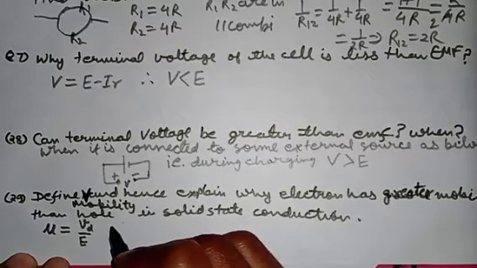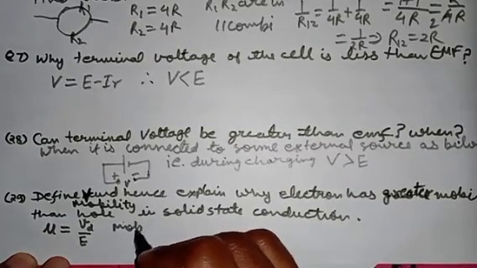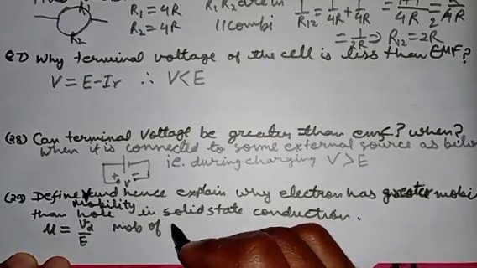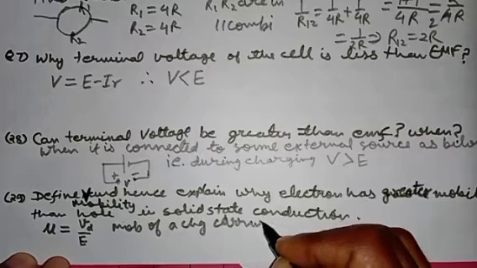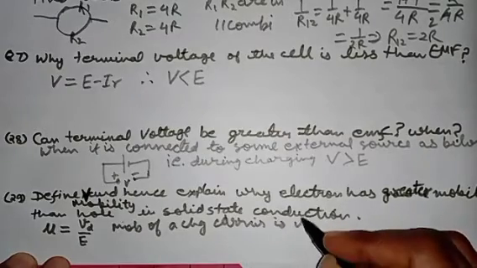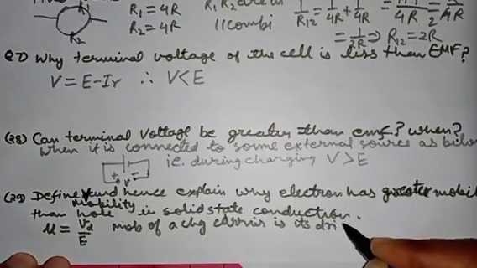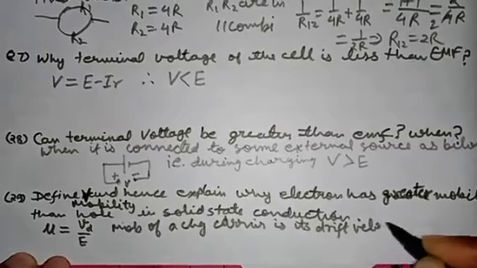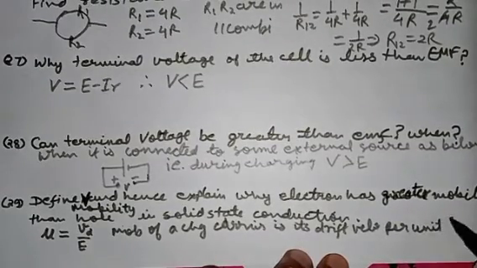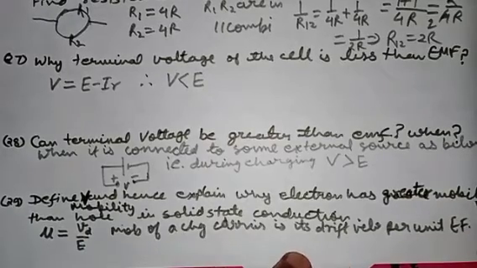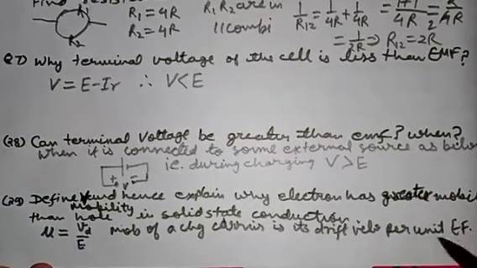So we can define mobility of a charge carrier as its drift velocity per unit electric field. That's all.